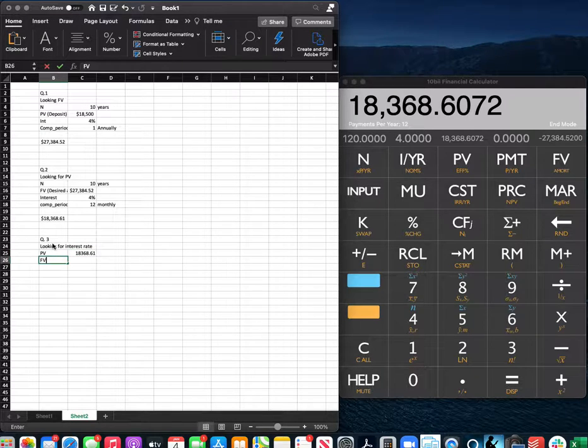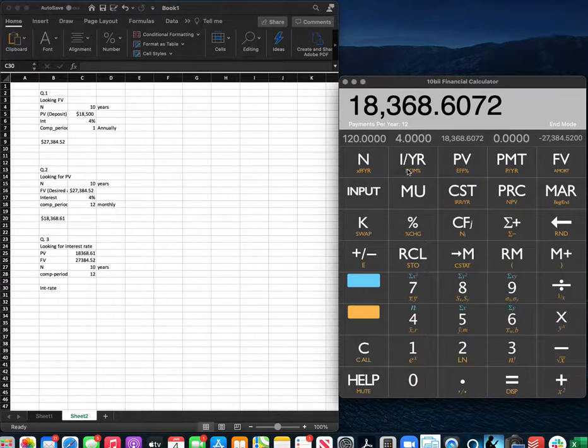We have our future value, which is 27384.52. We have our N, which is 10 years. And we have our compounding period, which is 12. Okay, and our interest is what we're looking for.